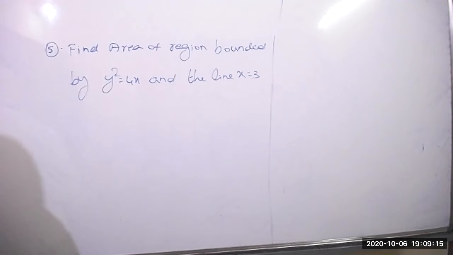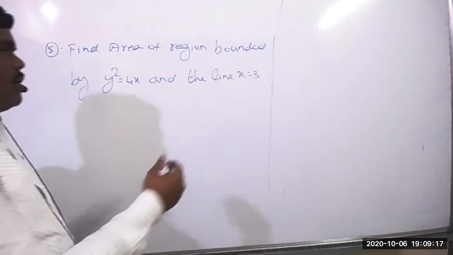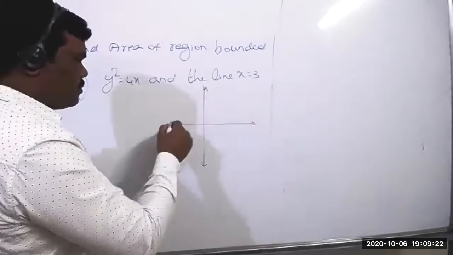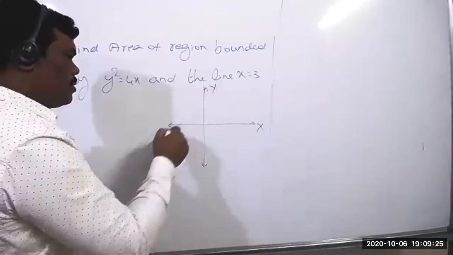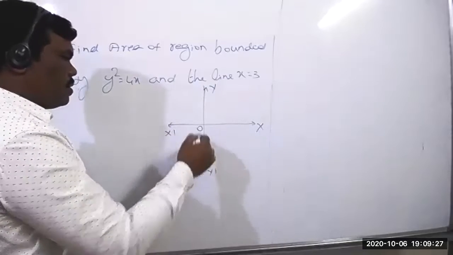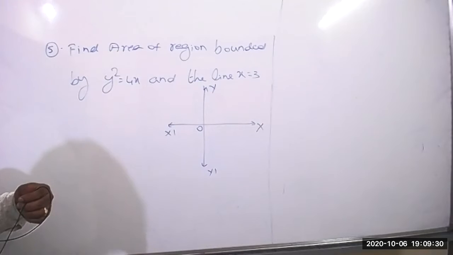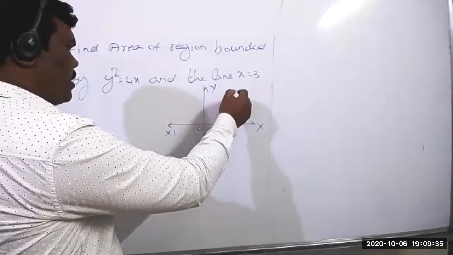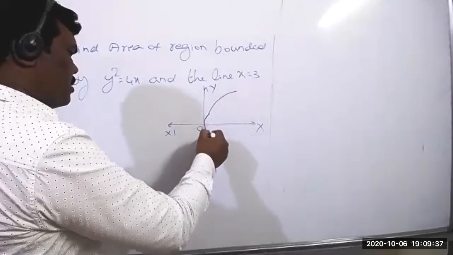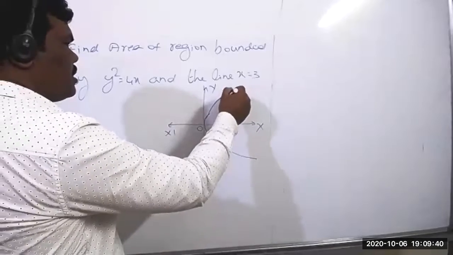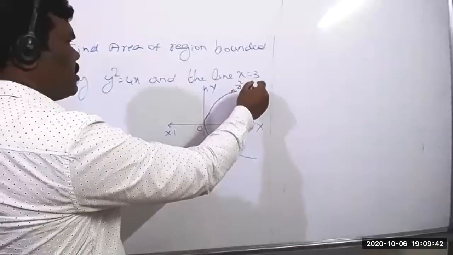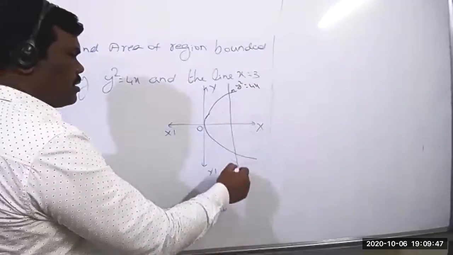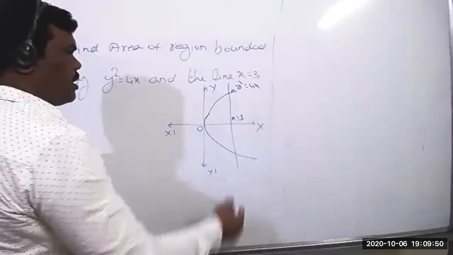So clearly the parabola will look like this. We can write y square equal to 4x, and the line is x equal to 3.